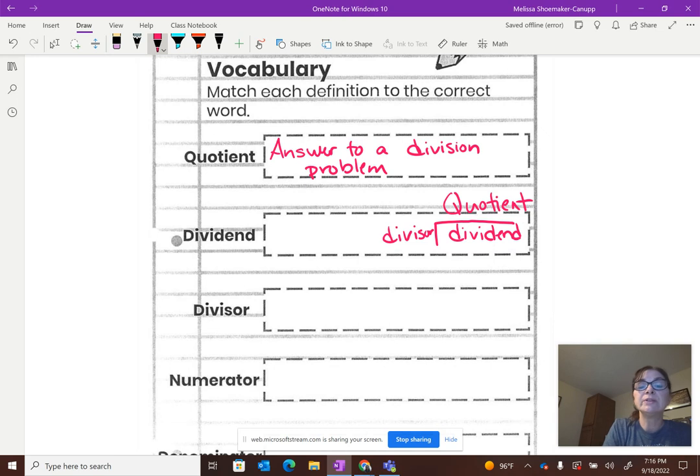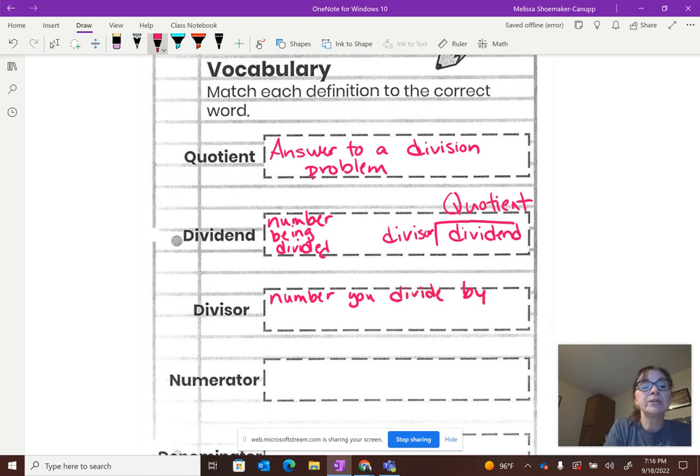Okay. So the dividend is the number being divided. Our divisor is the number you divide by.